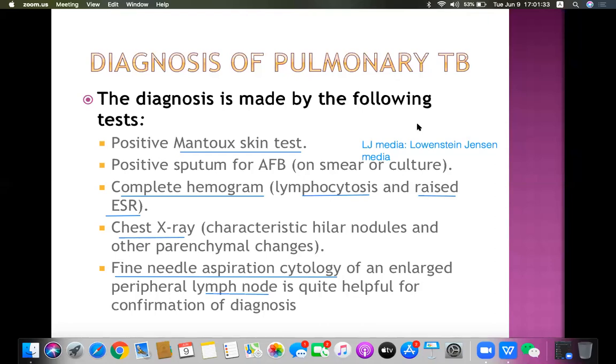Remember, caseous granuloma will be seen, especially in biopsy, because fine needle aspiration cytology has a very small amount of tissue. If biopsy is done, then definitely caseous granuloma will be seen in tuberculosis, which will give you the diagnosis. This is a very important point.